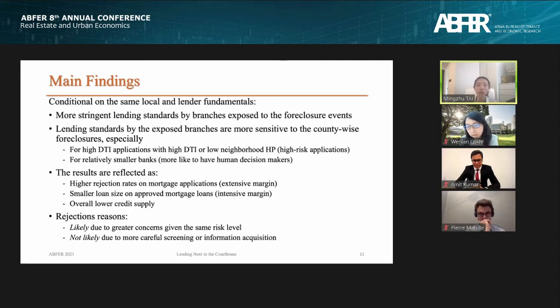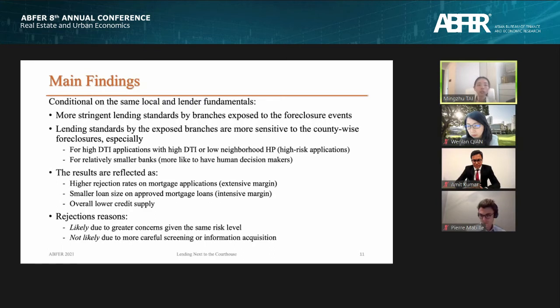We also find that our results are particularly stronger for those high-risk applications, for example, applications with high debt-to-income ratio or applications from neighborhoods with negative house price growth. And also, the premise for our results to be observed is that the lending decisions are indeed made by human beings who work in the local branch.